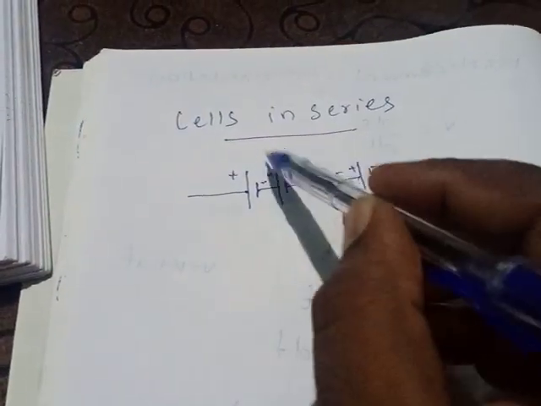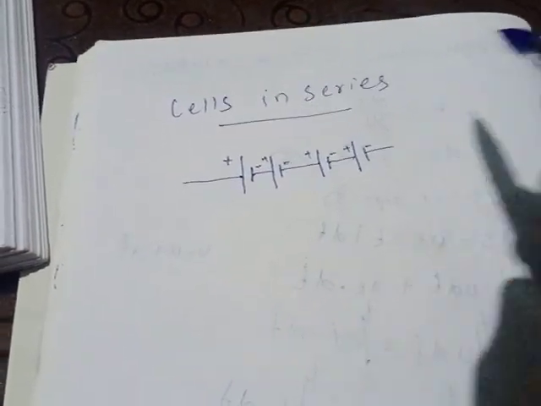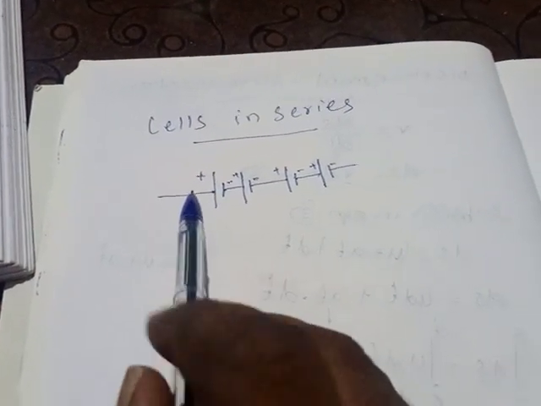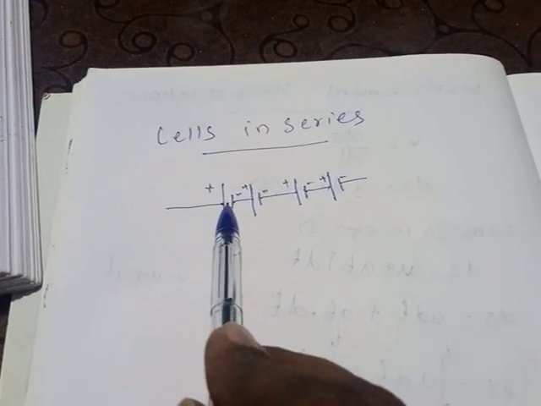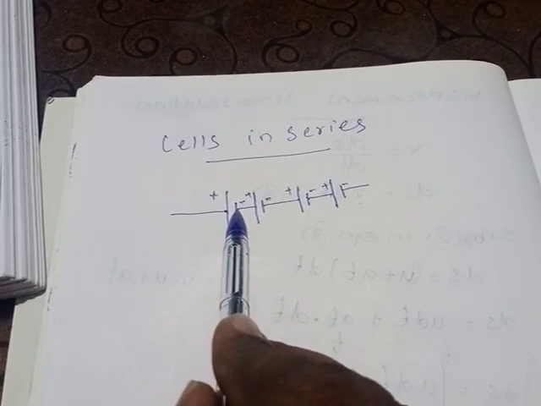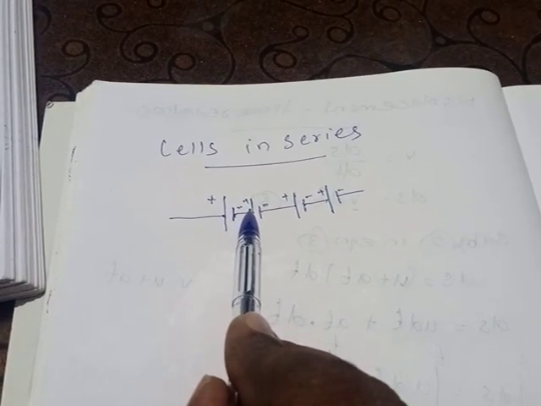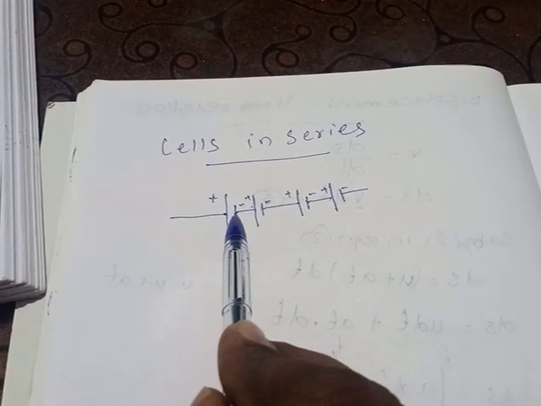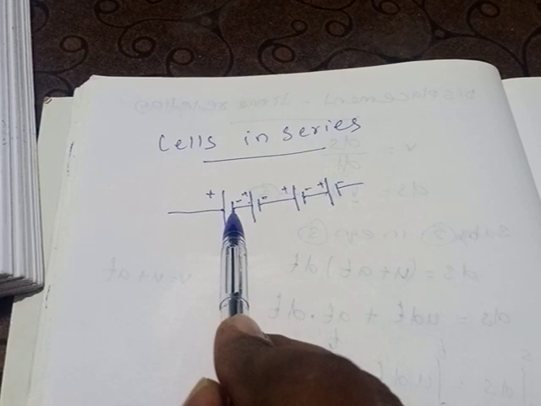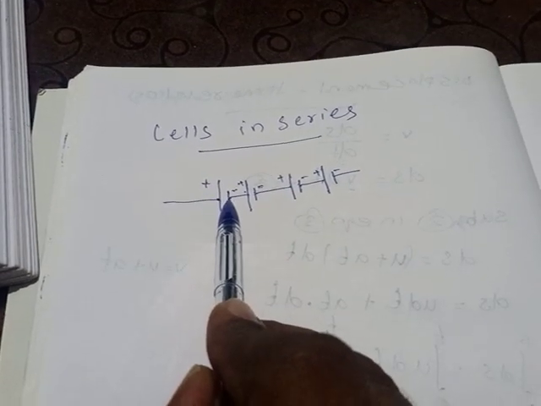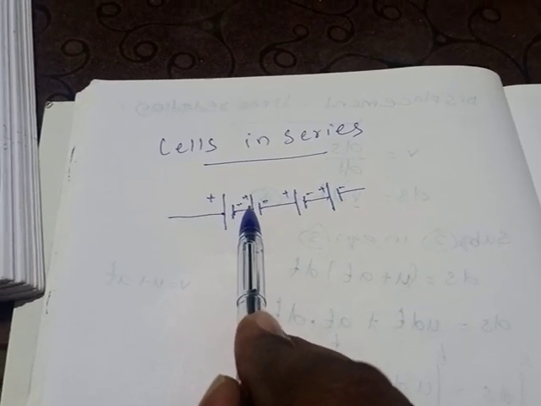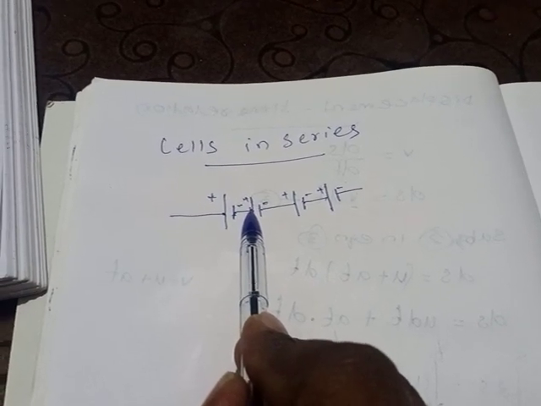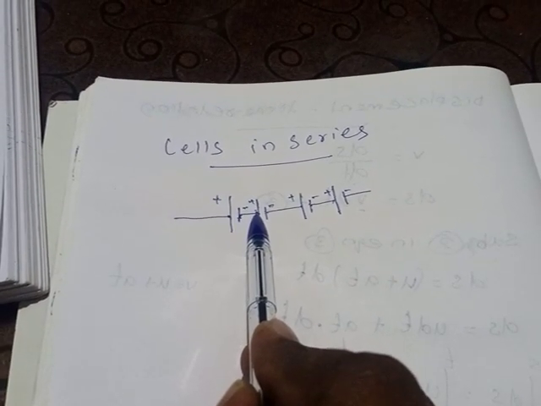This is the cells in series connection. What is happening here? The negative terminal of one cell is connected to the positive terminal of the second cell.